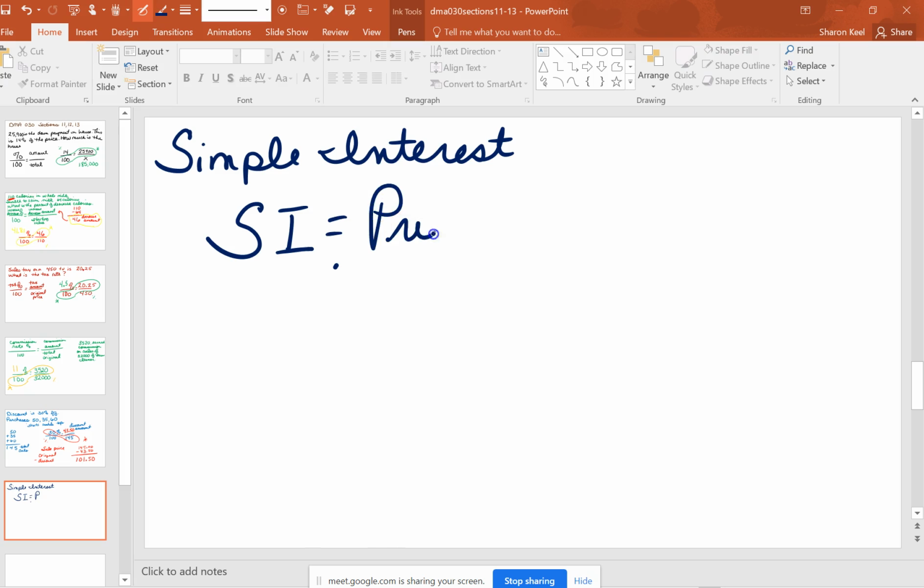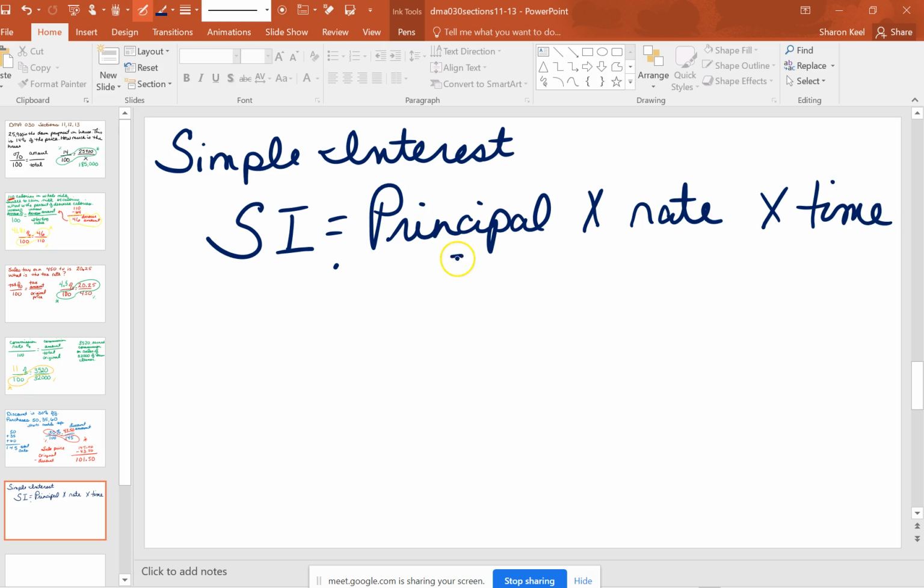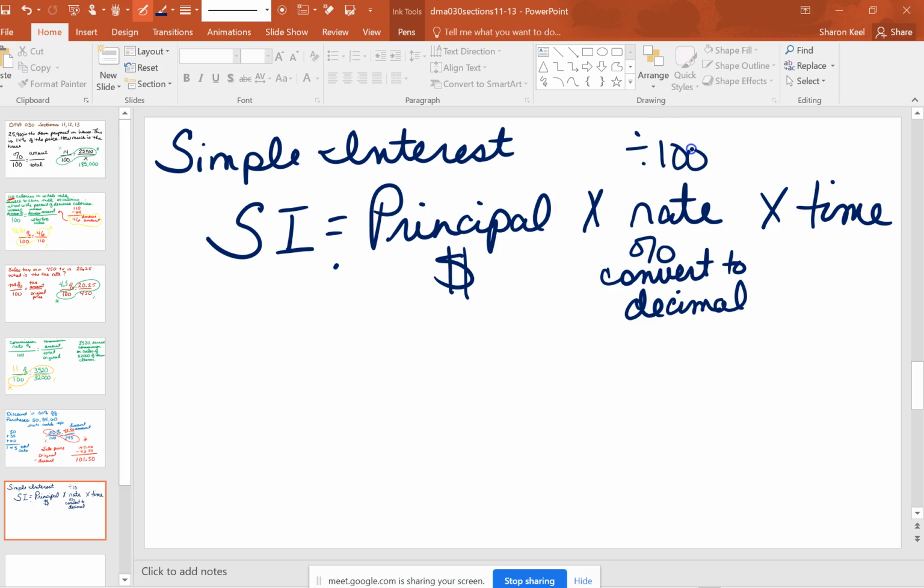We get that by multiplying the principal times the rate times the time. So the principal is going to be a dollar amount. The rate, we're going to take the percent and convert to a decimal. To take a percent and convert to a decimal, you're just going to divide by 100.